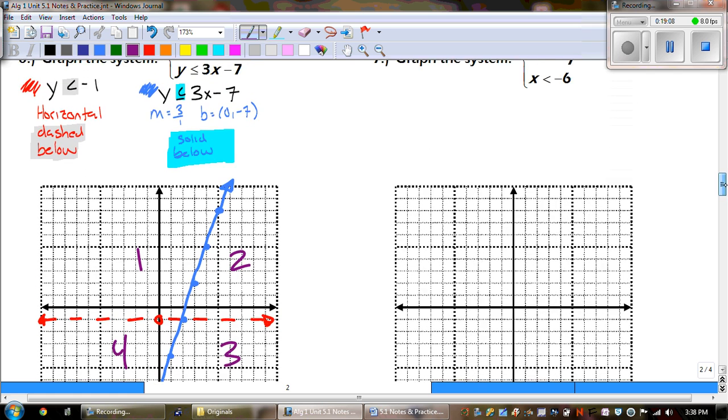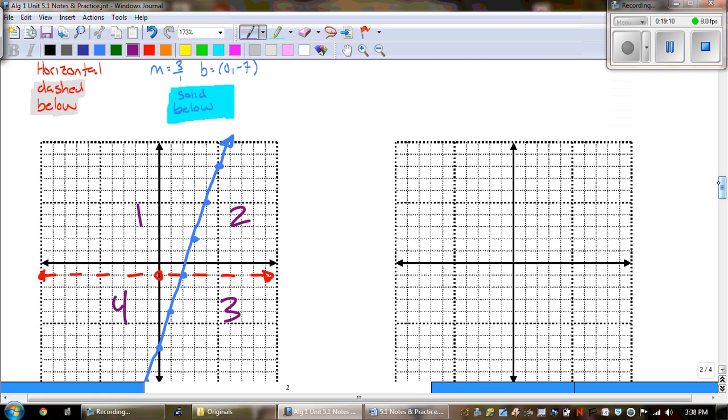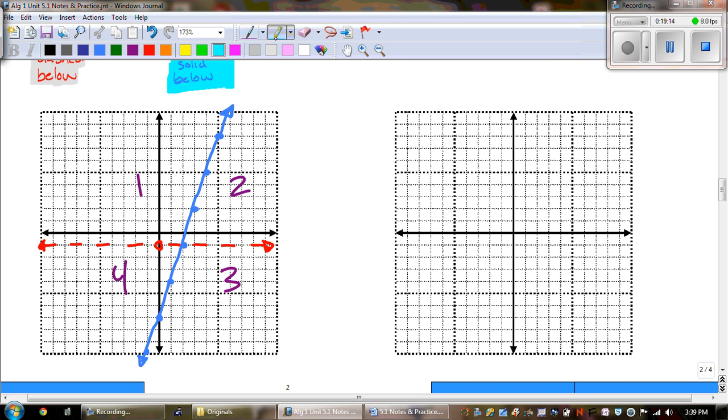So let's look at the red one. Our red line says that it has to be below. So if I'm shading below, 3 and 4 are my only answers, which means 1 and 2, bye-bye. And now we have to be below the blue line.